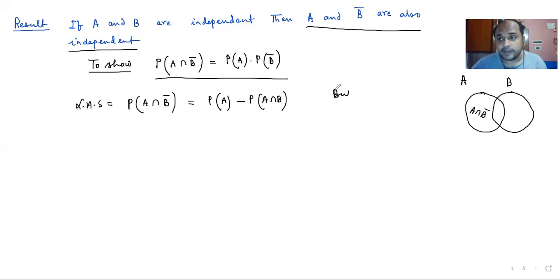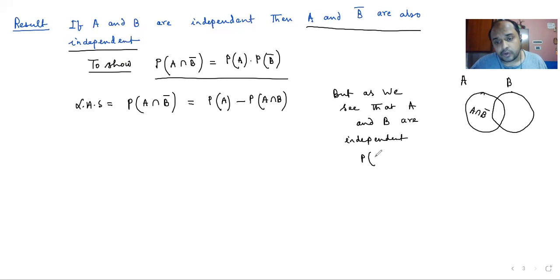But as we see that A and B are independent, so probability of A intersection B is equal to probability of A into probability of B. We can substitute the given result over here.